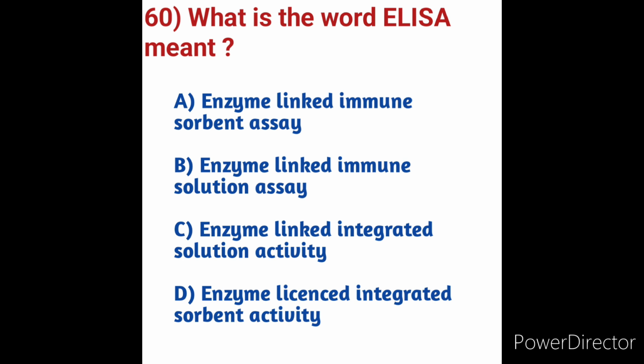ELISA, enzyme linked immunosorbent assay, is a labeled immunoassay that is considered the gold standard of immunoassays. This immunological test is very sensitive and is used to detect and quantify substances including antibodies, antigens, proteins, glycoproteins and hormones.